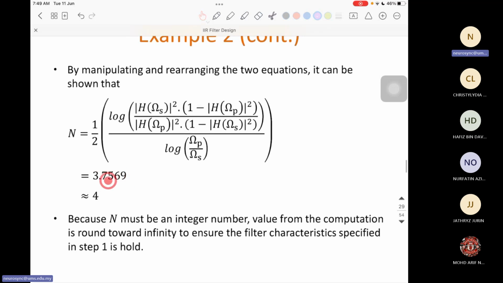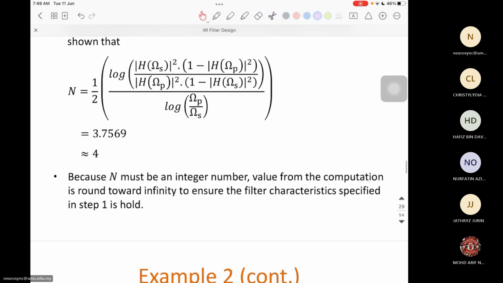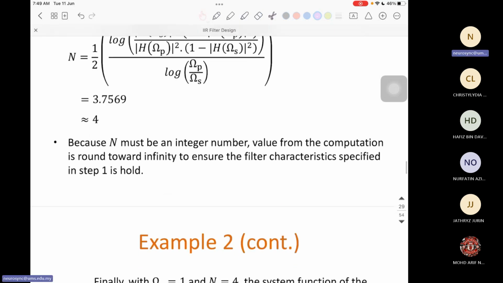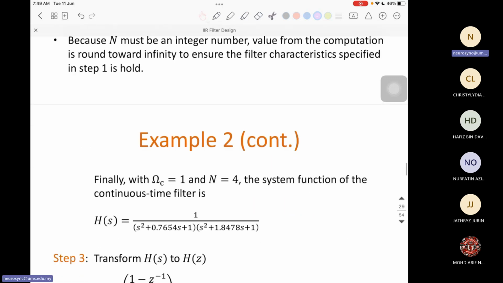We will round off, and therefore this 3.7 is rounded off to 4. So the value of capital N is equal to 4. N equal to 4 we got.